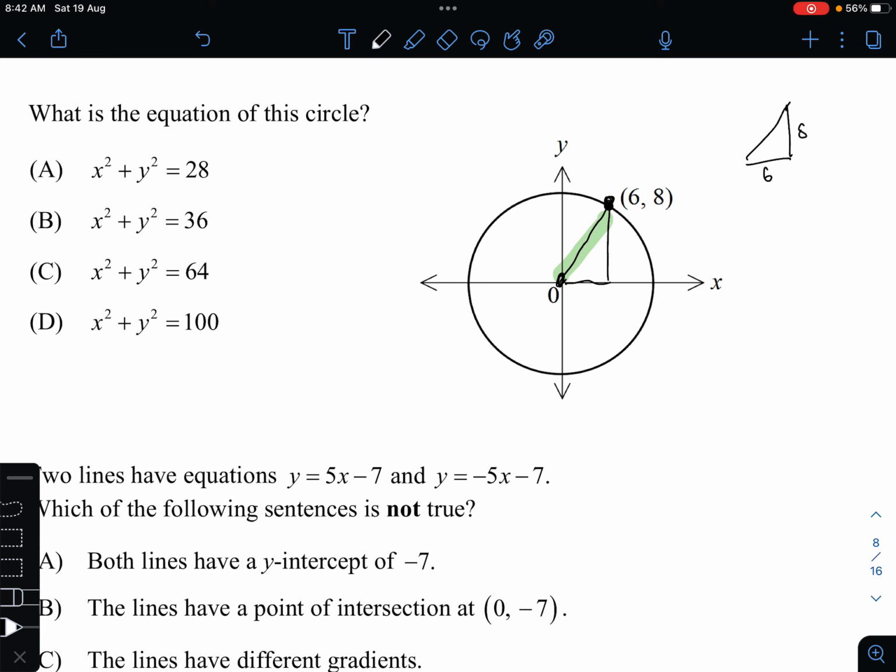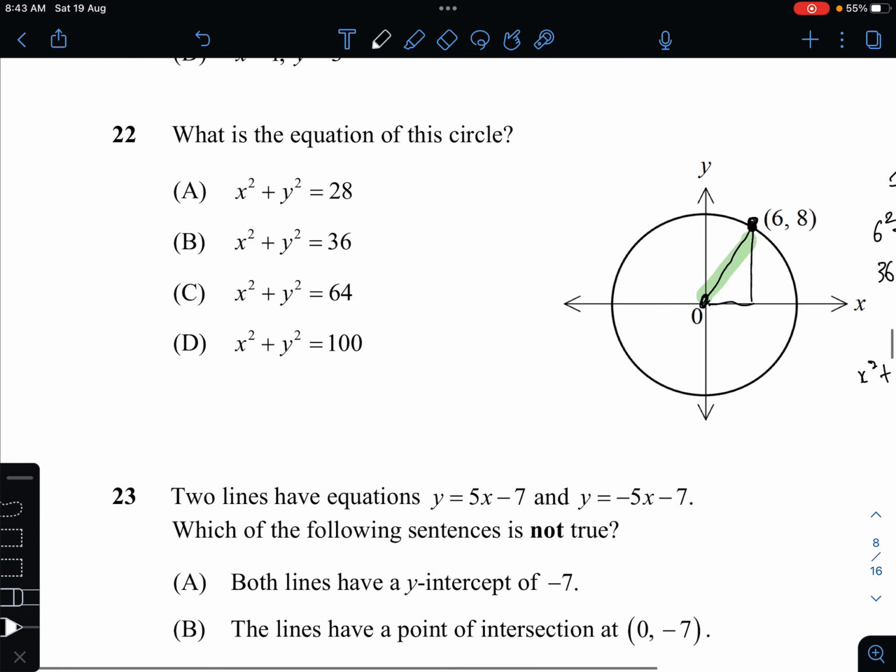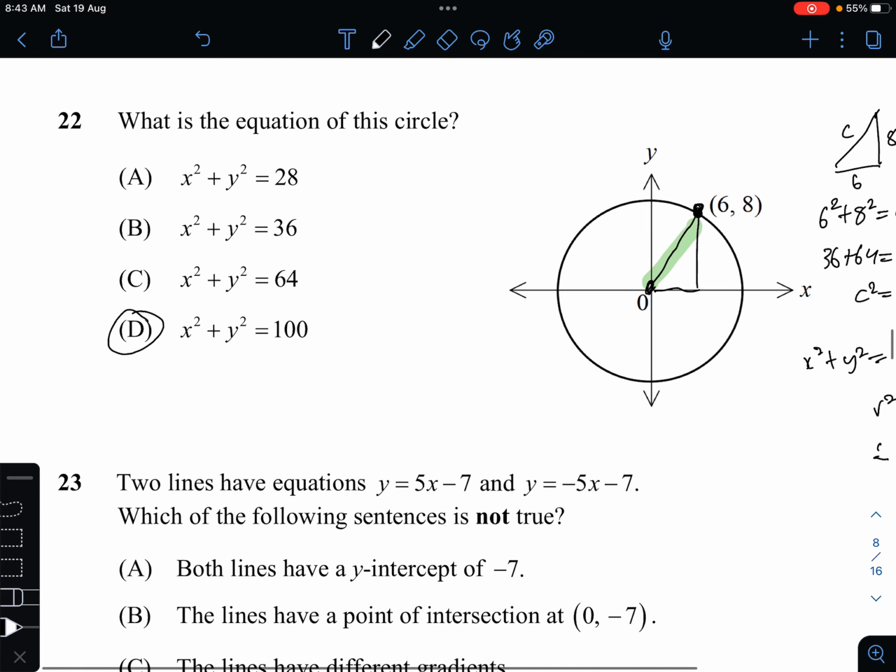Let this equal 6, that equal 8, and this equals c, and then 6 squared plus 8 squared equals c squared. 36 plus 64 equals c squared. c squared equals 100. And you know that for your circle, x squared plus y squared equals r squared, and r squared equals c squared. Therefore, r squared equals 100. And then we look here, and D is the one where r squared is 100.